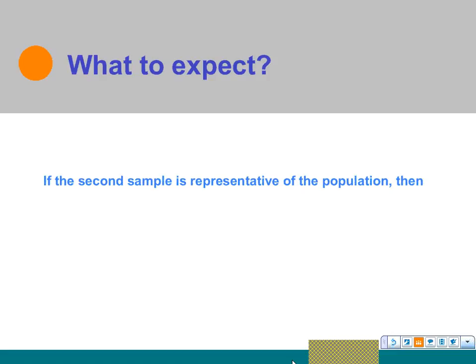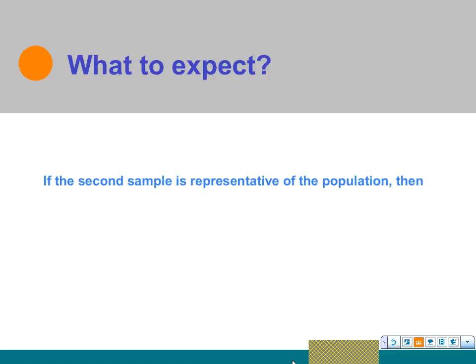Shouldn't the probability of selection of the second sample be proportionate to the ratio of the individuals in the population?